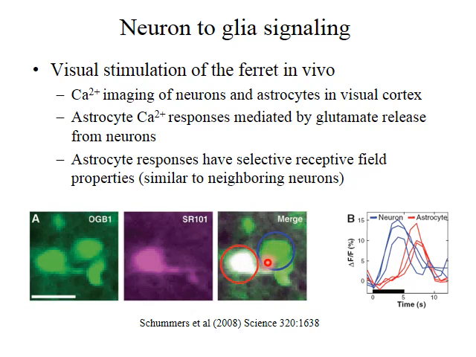So only neurons that were very near the astrocyte actually stimulated the astrocyte and caused an increase in calcium.